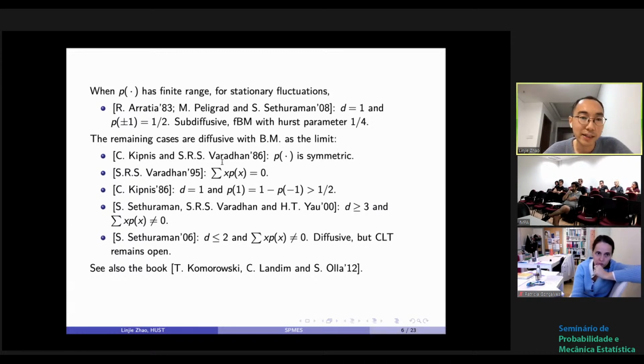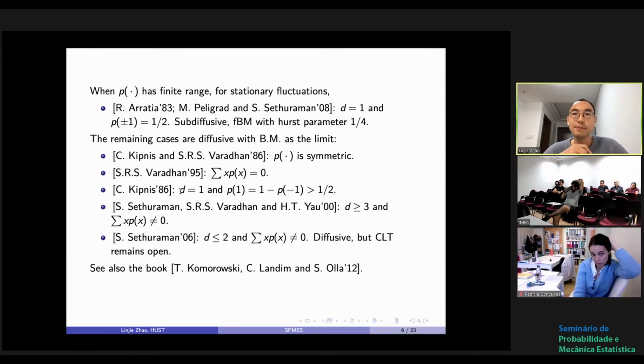For example, Kipnis and Varadhan proved the symmetric case, and Varadhan proved the mean zero case. And in these two papers, the main method is to give a martingale decomposition for the position of the target particle. For this method, the book by Komorowski, Landim, and Olla is a good reference.